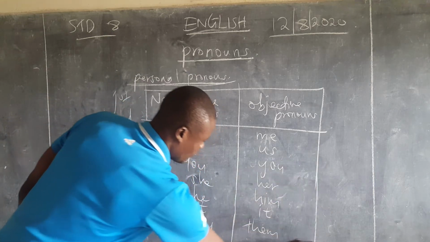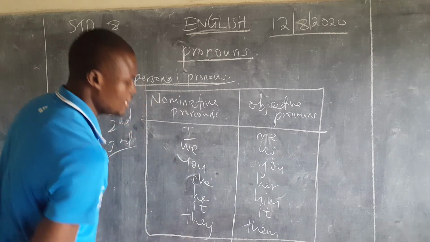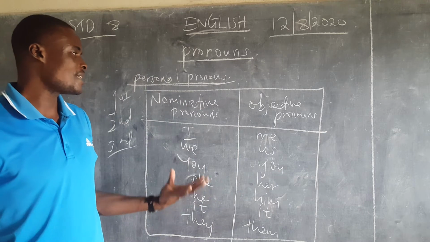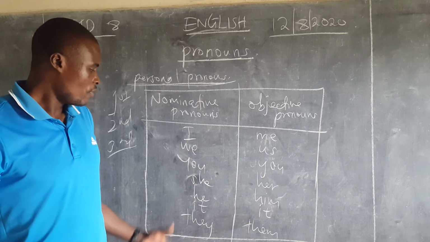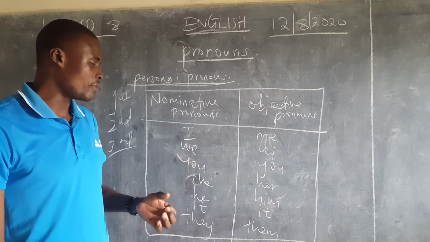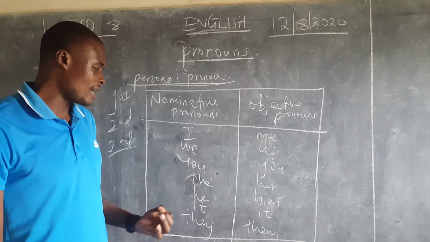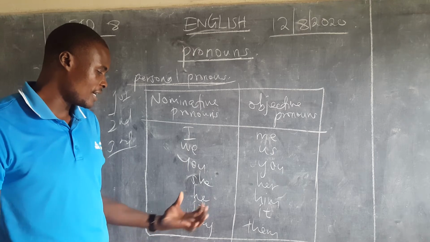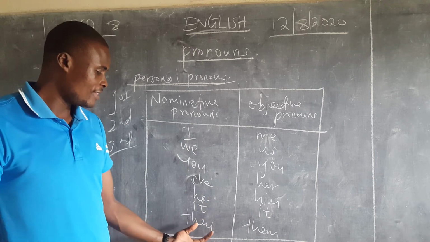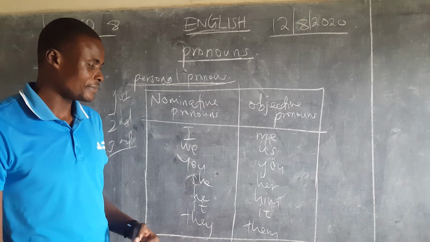Now we see how these are used in different sentences as far as grammar is concerned. We have: I am a boy, we are boys, you are a girl, she is a teacher, he is a doctor, it is my pet, they are pets.